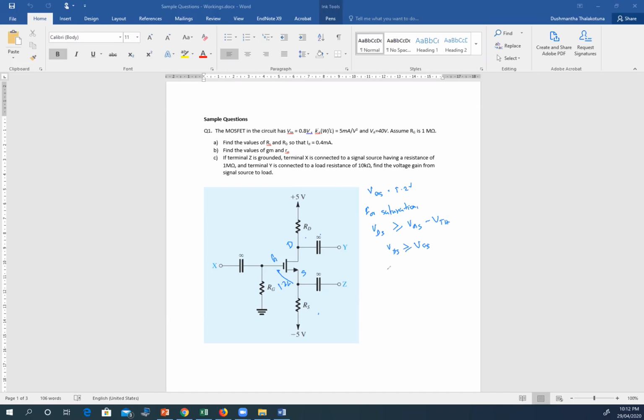Now at this stage, VD minus VS is VDS. So that means if this is 1.2 volt, this VDS has to be at least 1.2 volt, the minimum condition.